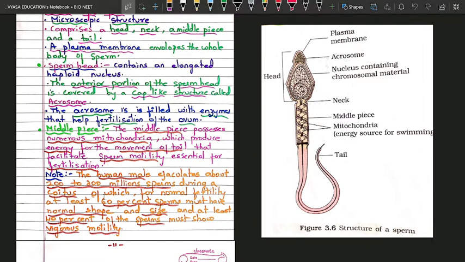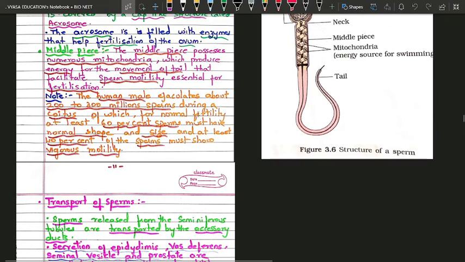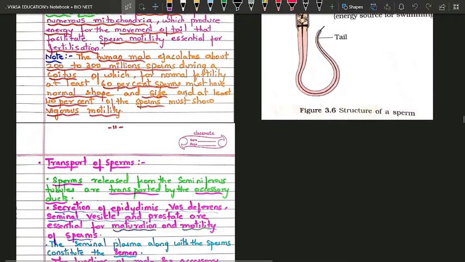A normal male may produce 200 to 300 million sperms during a coitus, but 60% of the sperms must have normal shape and size, and they should show vigorous motility. It has to move. If it doesn't move, then definitely it is a case of infertility. This is just a note which is mentioned in NCERT.